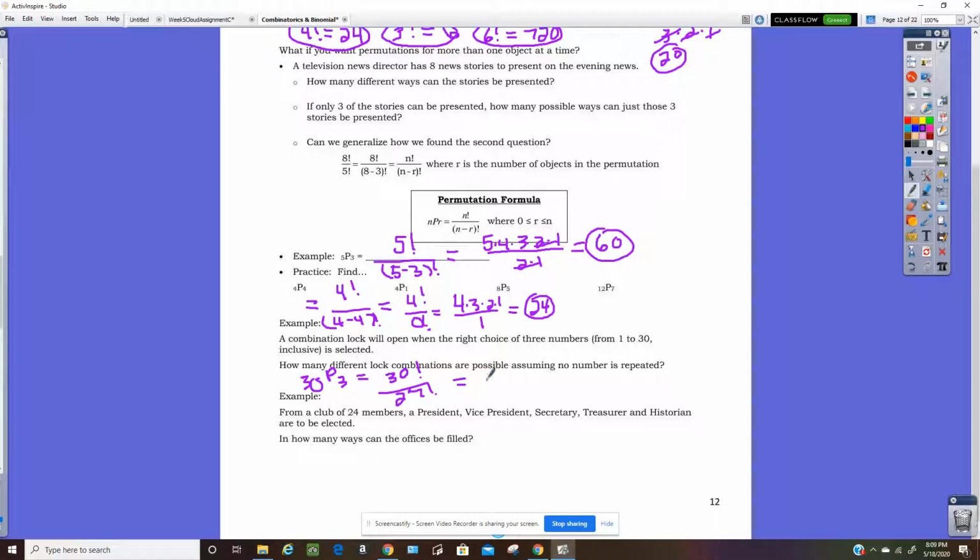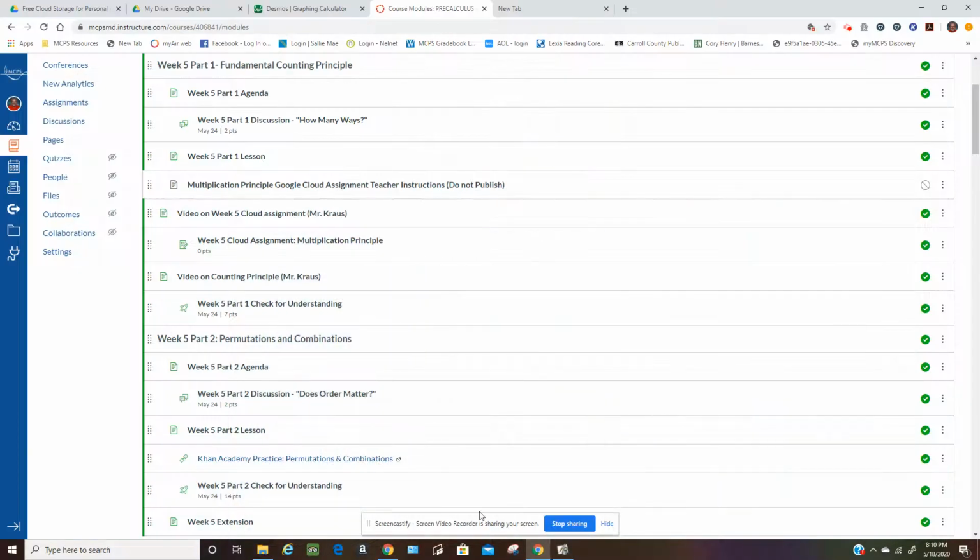Or you could look at it this way. I have 30 possibilities on the first number, and then 29 times 28, which is what would happen here: the 27 factorial would cancel with the 27 factorial up here, and then I'm left with 30 times 29 times 28. And let me get the calculator to calculate that number.